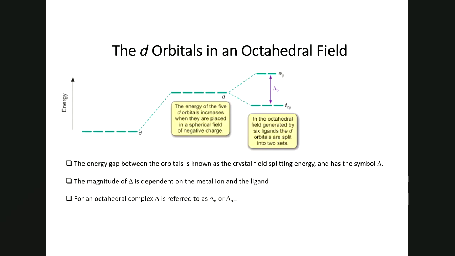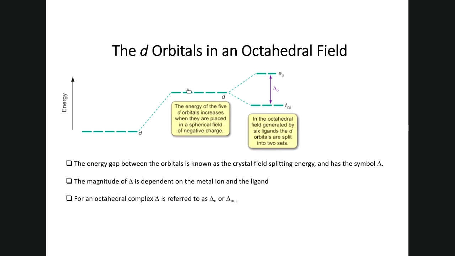This is what it looks like. In the first case, we talked about d orbitals by themselves and their relative energy if they're isolated: they're low in energy. If we put a spherical charge around them, the d orbitals will increase.